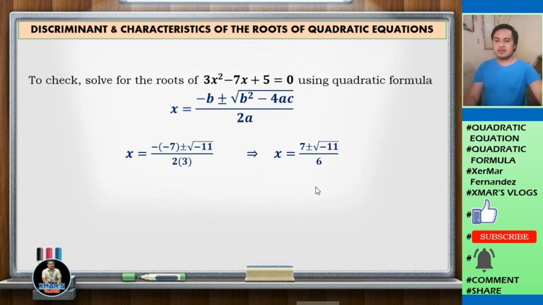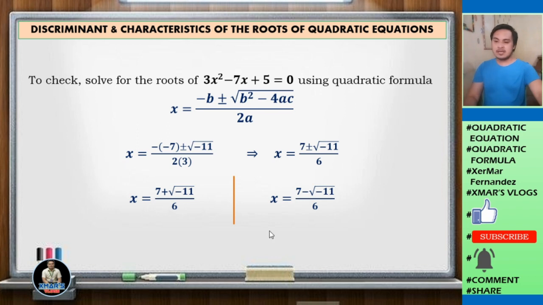We have to separate these into two equations. We have x equals 7 plus the square root of negative 11 all over 6, and x equals 7 minus the square root of negative 11 all over 6. These terms are already in simplest form, so this is now the final answer.